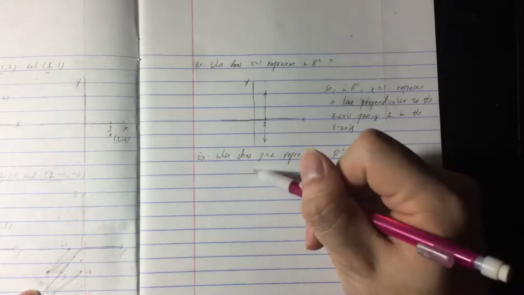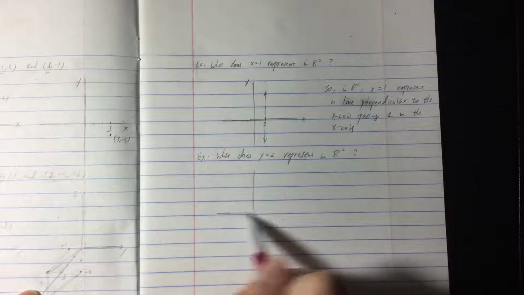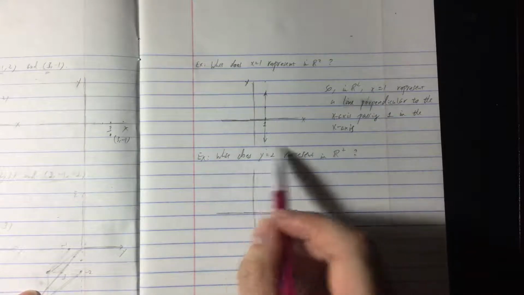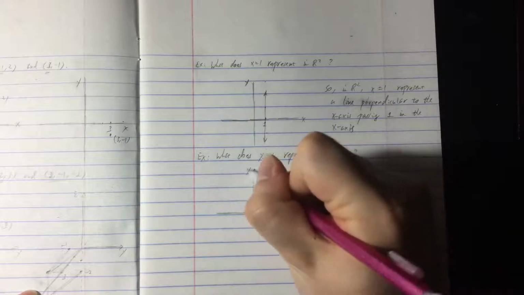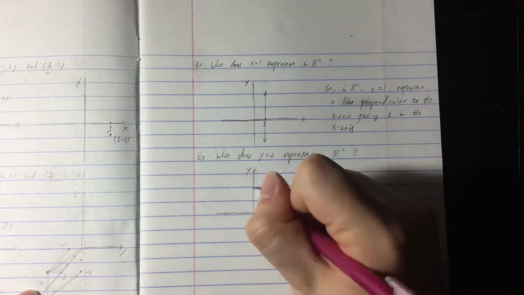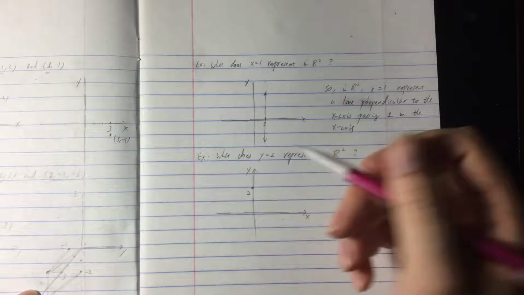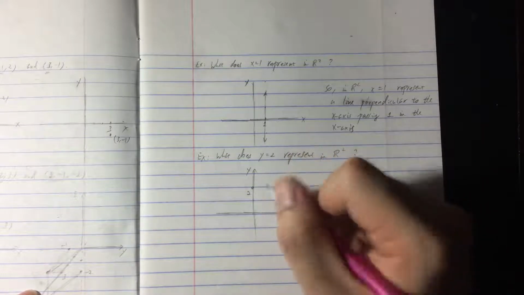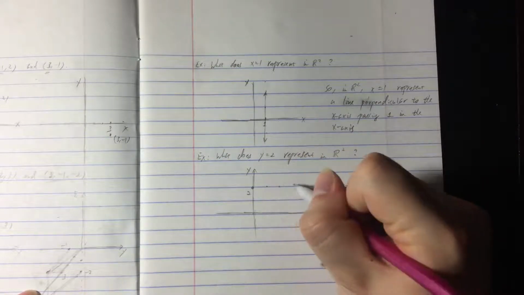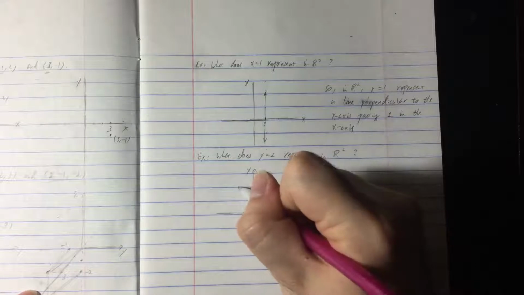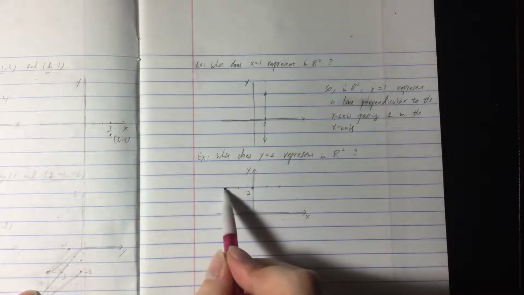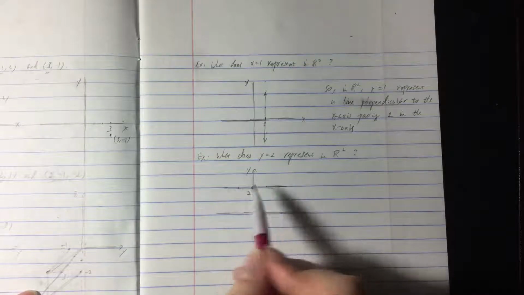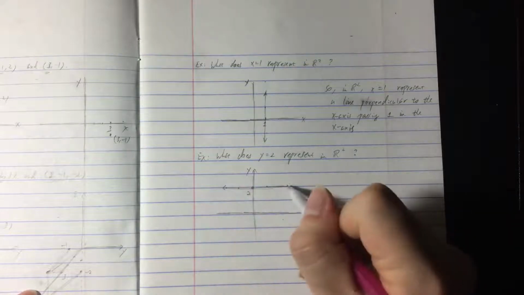So in the xy plane, y equal to 2 represents the set of all points that satisfy the equation y equal to 2. y equal to 2 is here. Then when y equal to 2, x could be 0, x could be 1, x could be 2, x could be 3, x could be -1, -2. Connect all these points together, and we have a horizontal line here. This line represents the equation y equal to 2.